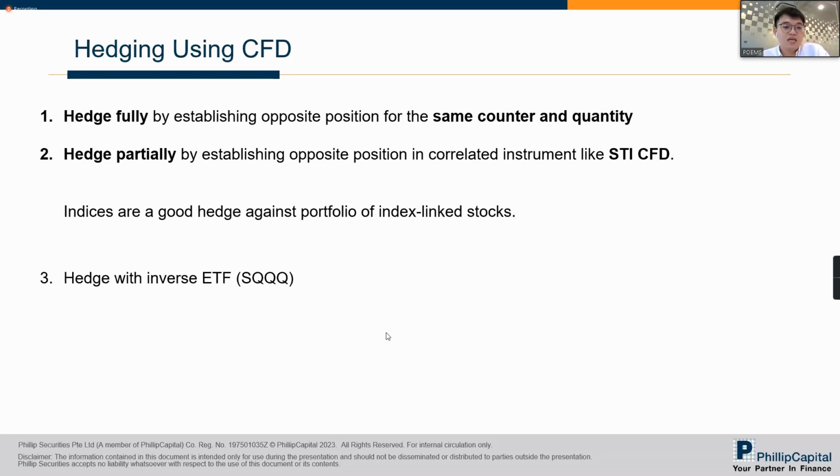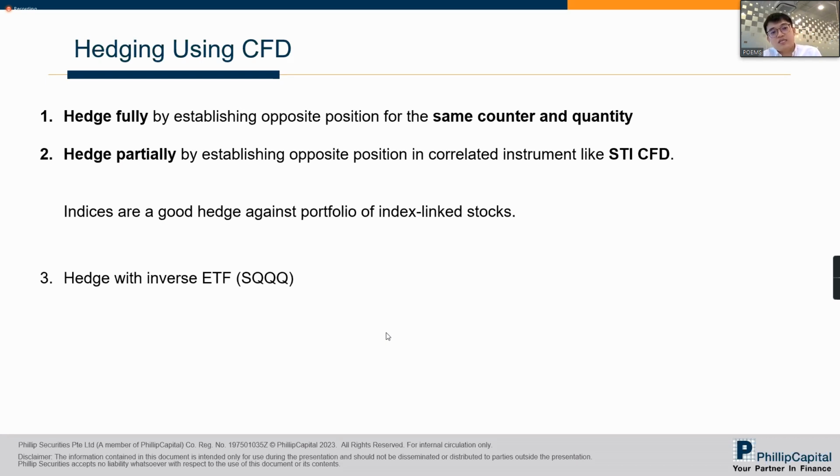Okay, so for the second hedge method, you can hedge partially by opening an opposite position in a correlated instrument like STI CFD. Let's say you have a basket of shares like DBS, Singtel, UOB, and maybe SIA. When you predict that the market is going to drop for 3 days or 4 days, you can open an STI CFD to hedge partially, because when the market goes down, you can earn from the CFD STI.